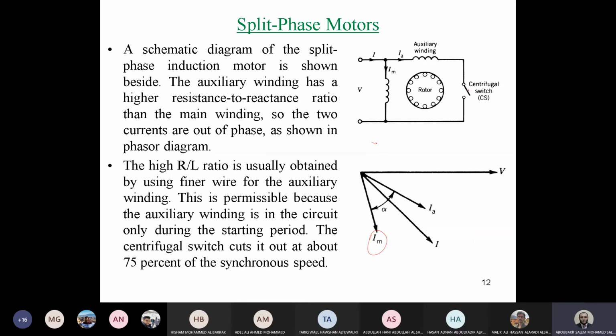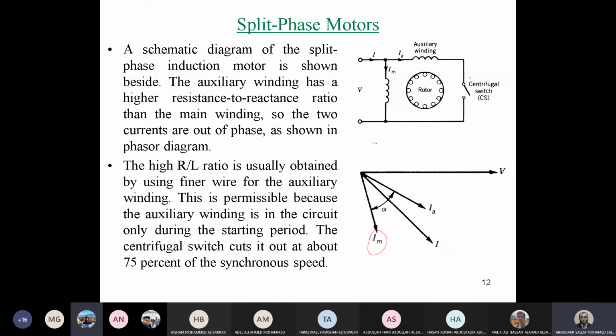What will happen if this switch fails to open at 75% of the synchronous speed? What do you think?